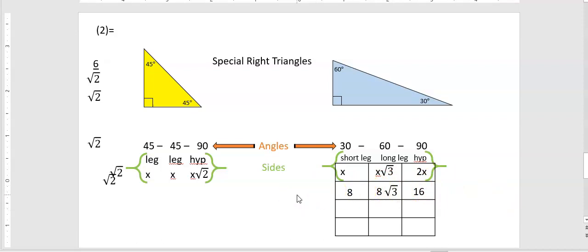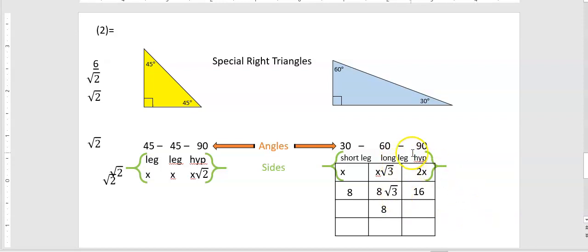Those types of problems seem very simple, but sometimes they do not put the square root of 3 outside of the number. It may just be a number. It could just be an 8. So what if your long leg is 8?